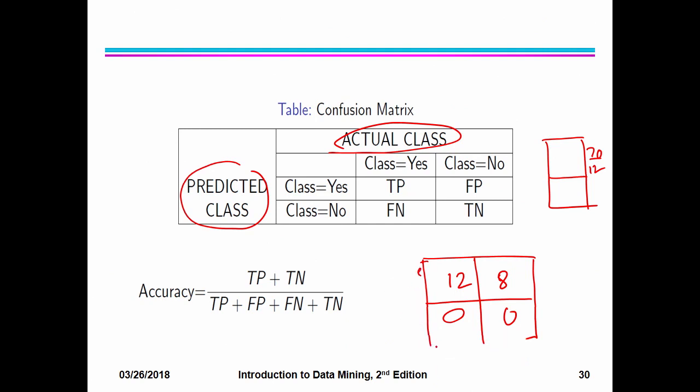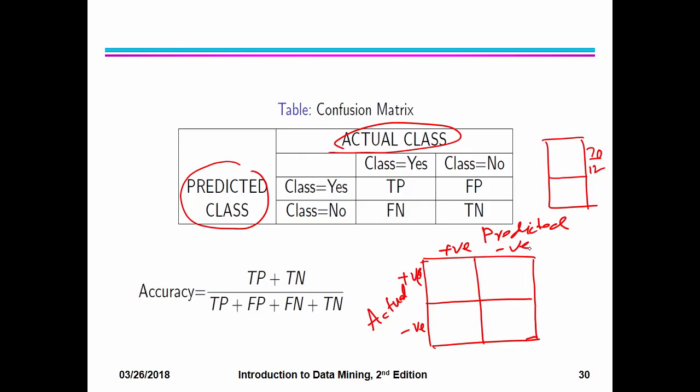So, let us say this is actual positive, actual negative, and this is predicted, positive class and negative class. Now it is just the reverse of earlier, we just changed it.